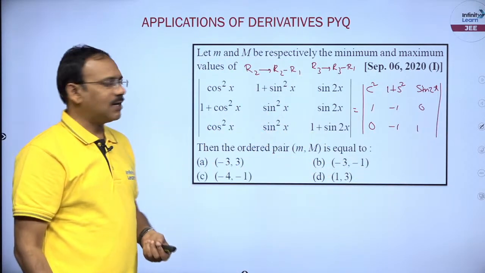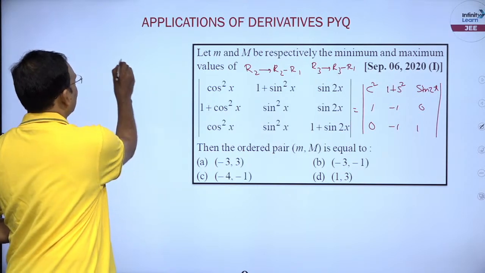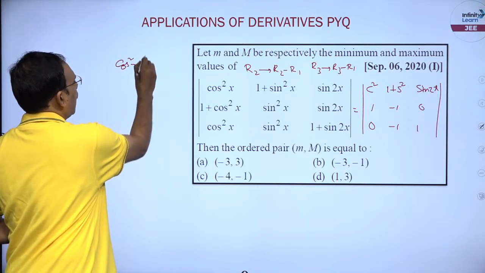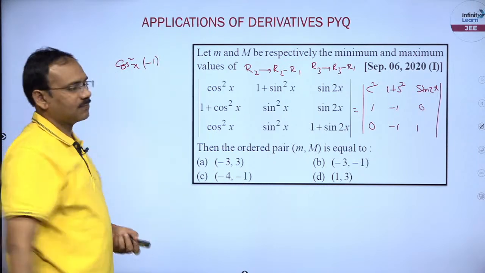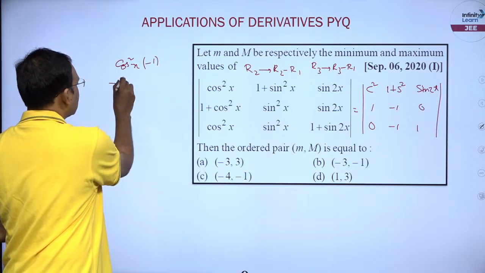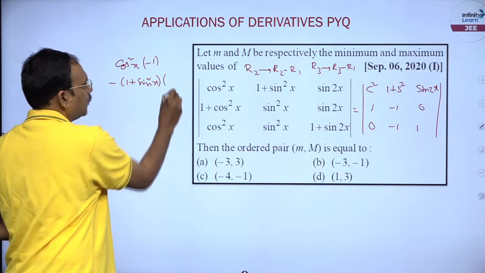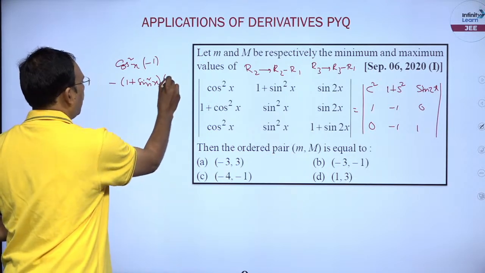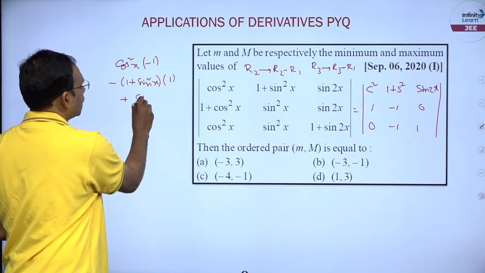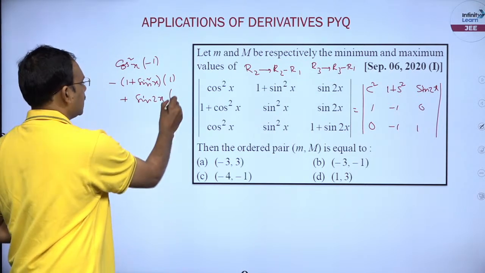Now, it is not that difficult to expand this, you just expand it. So, friends, you will get cos square x into minus 1, minus of 1 plus sin square x into 1 plus sin 2x multiplied by minus 1.